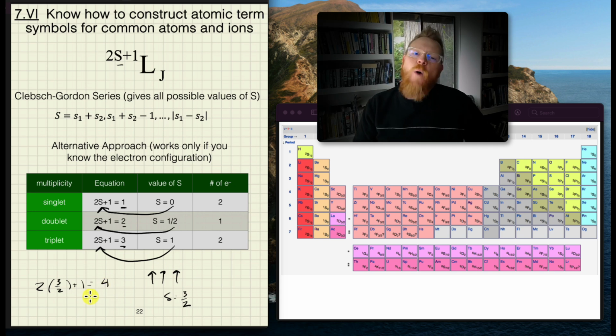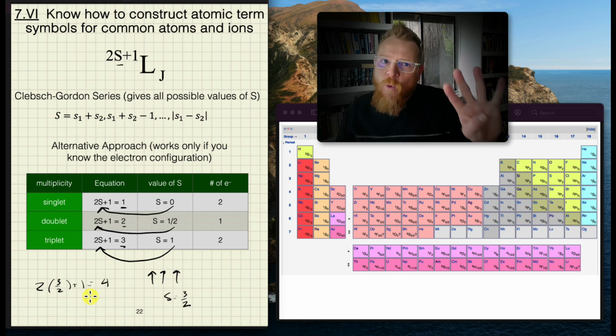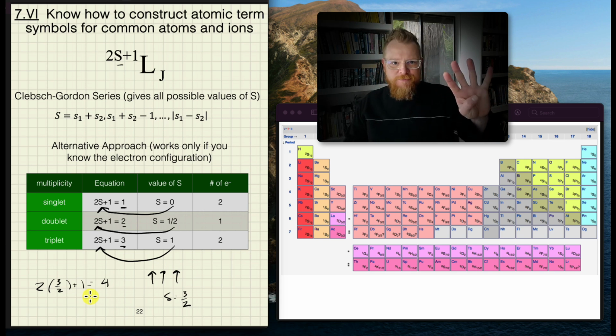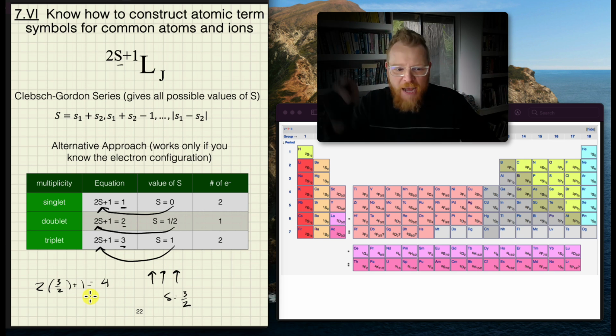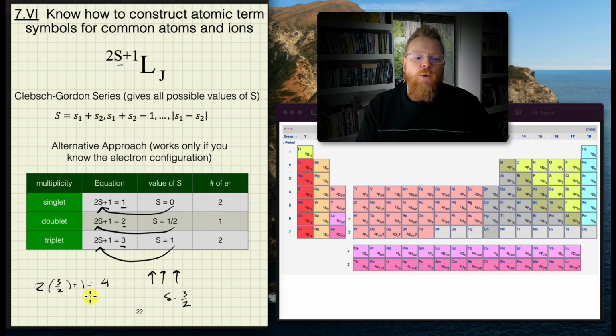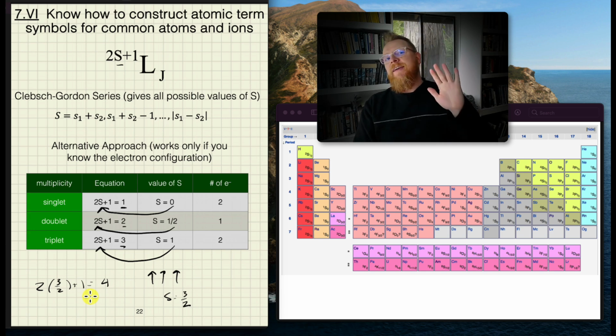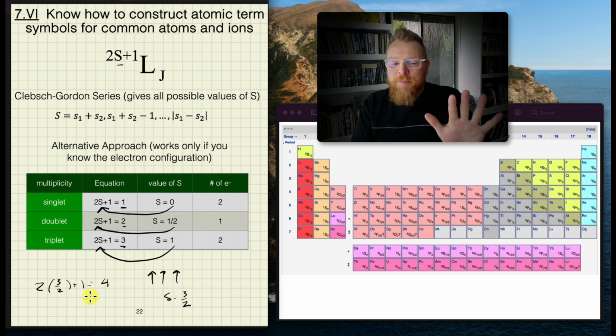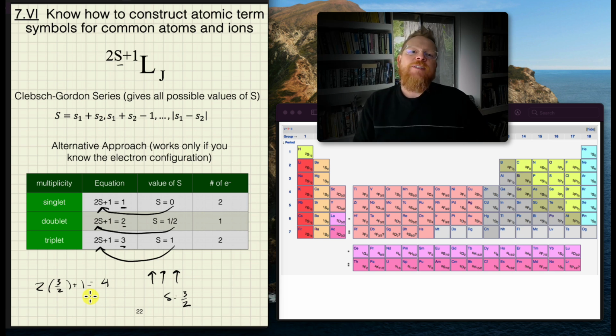It would be a quadruplet. If we had 4 electrons, all spinning up, I would get S equal to 2, which would give me a 5, so that would be a pentuplet. So what we can see now is there is this n+1 term for our multiplicity. We're going to see it as we get more practice, okay?